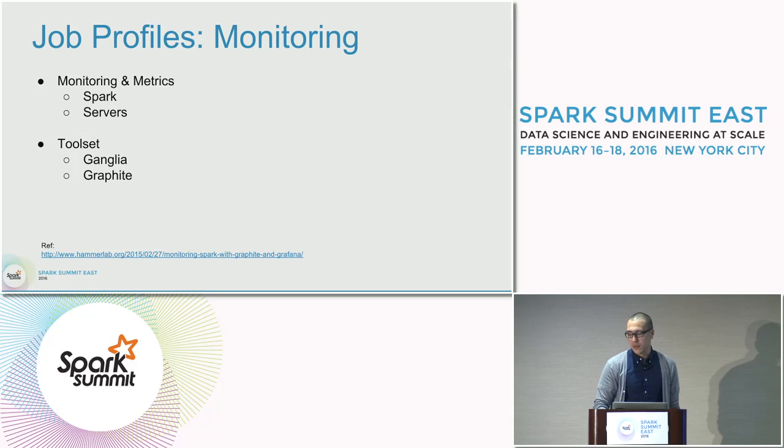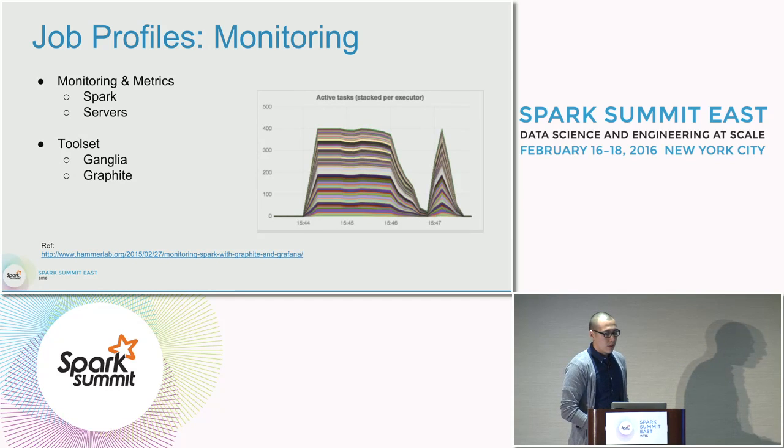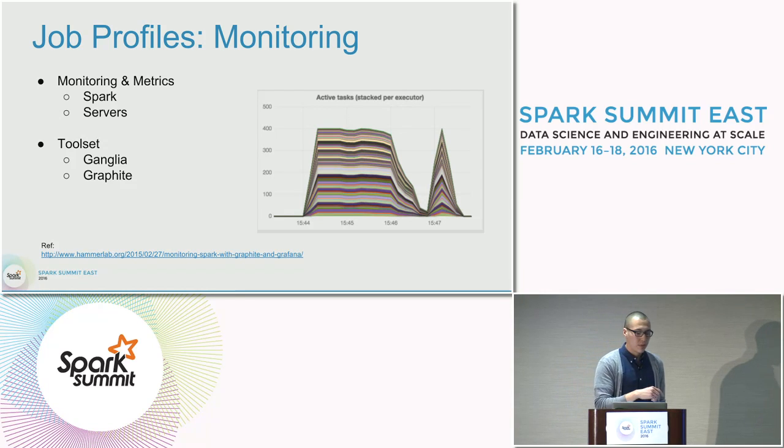Going into monitoring for these platforms, right? There's a few different ways you can do it. You can go use Graphite and Ganglia, and typically there's templates to do this, and there's a lot of documentation on the web for people who've done this already. And there's a link that when these slides are posted, you can go to that the Hammer Lab goes over how to set up Graphite and Grafana to profile your jobs using the metrics that are built in.